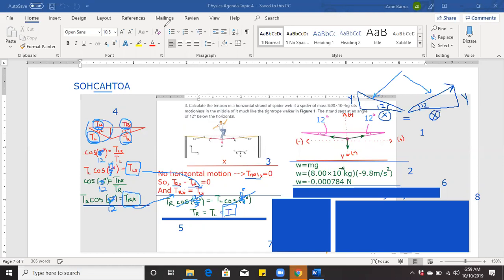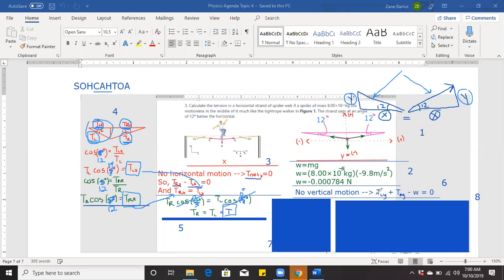Okay, let's do the vertical work now. So I'm going to start out with the same assumption I started out with on the left. Because there's no vertical motion in this problem, the spider's not actively moving either up or down right now, I know that the total force in any vertical direction is going to be 0. So if I take a look at my two triangles that I drew up here, my vertical aspects of either are these two y's right here.